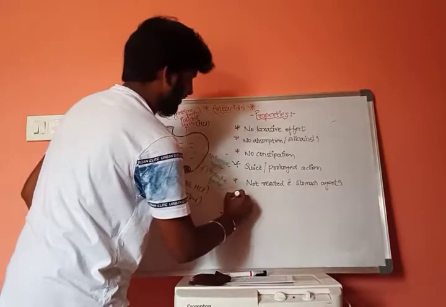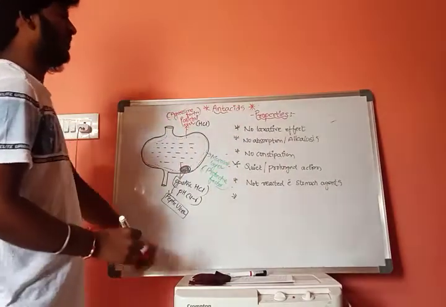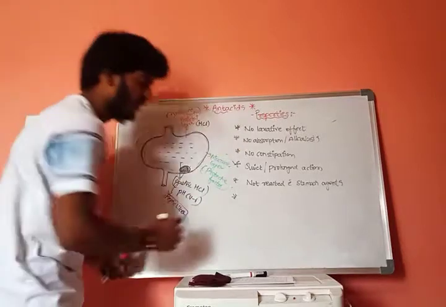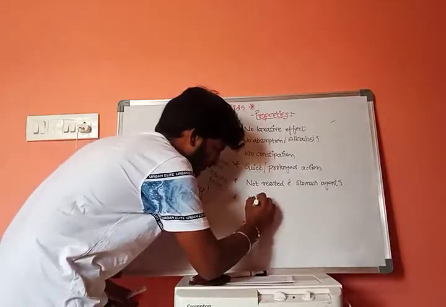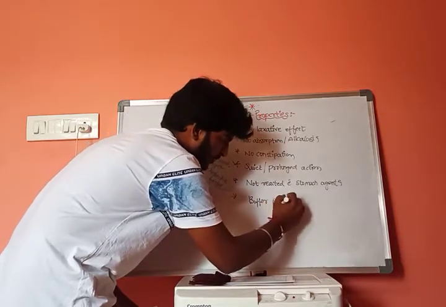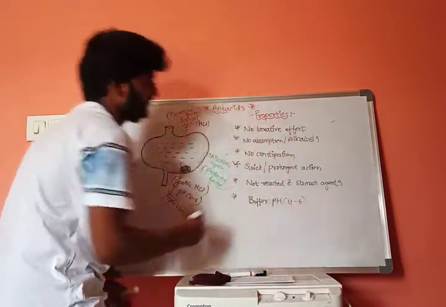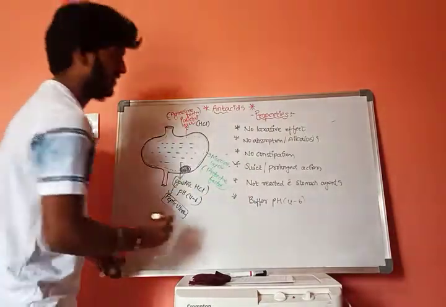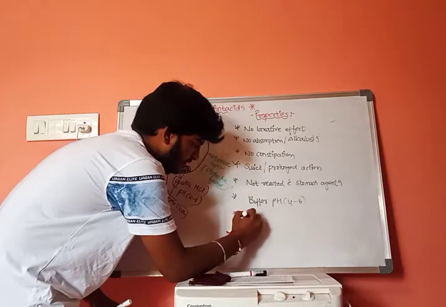This is one more property, and the next property is this antacid should act as a buffer, should maintain the pH between 4 to 6, and the next property is it should be easily available.